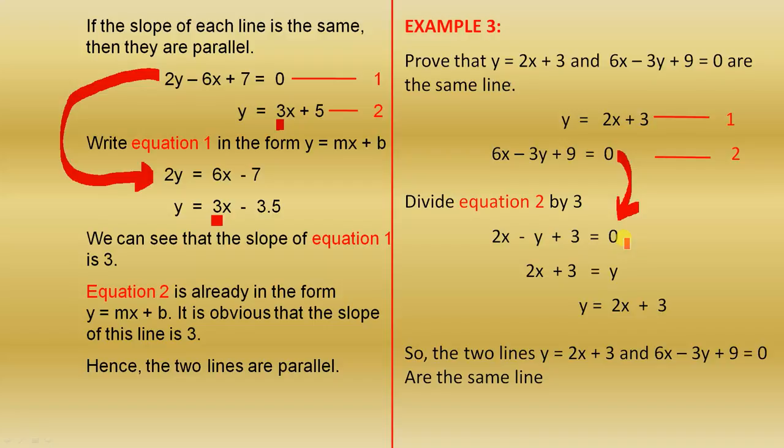And then from this line to here, all we do is add y to both sides, so that gives us y equals 2x plus 3. We just change the terms around, and here we are. Y equals 2x plus 3 is exactly the same as equation 1. So the two lines y equals 2x plus 3 and 6x minus 3y plus 9 equals 0 are the same line.